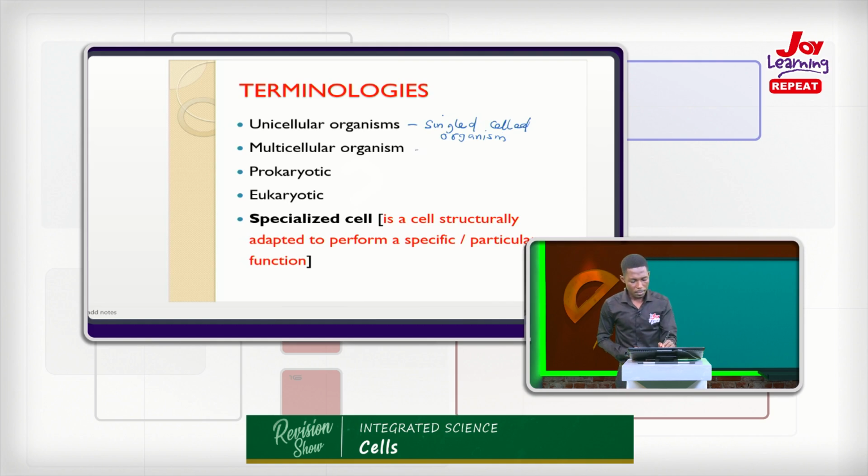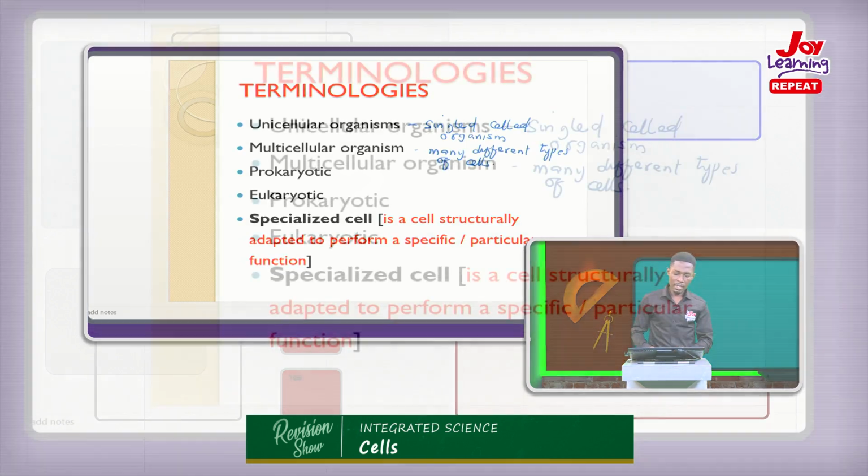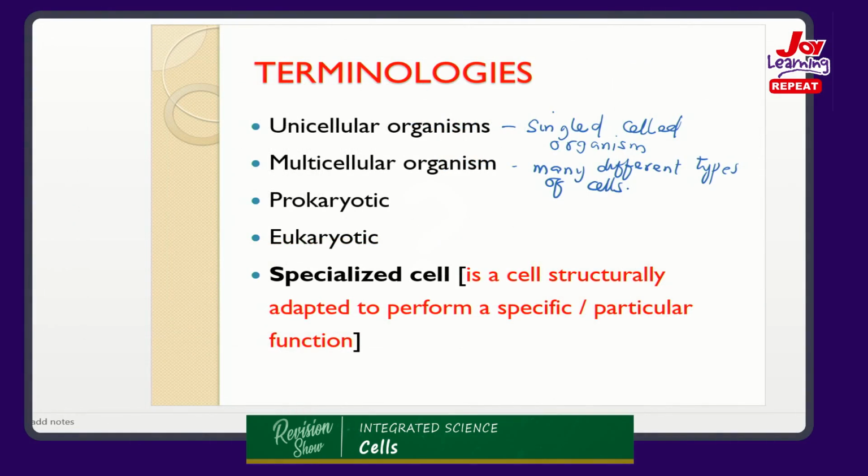So it contains many different types of cells. Then some cells are prokaryotic, others are eukaryotic.